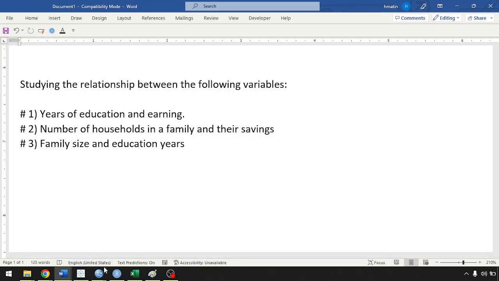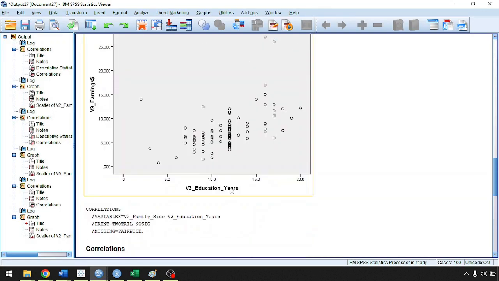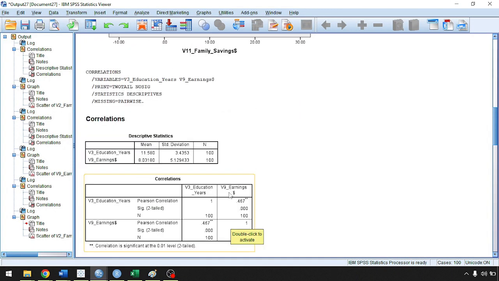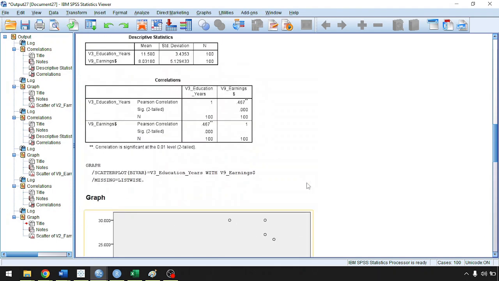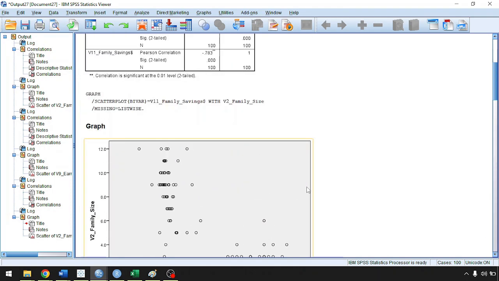It's both statistically significant, and it has a moderately strong positive correlation. So these were the three studies which we have done on three research questions or case studies.